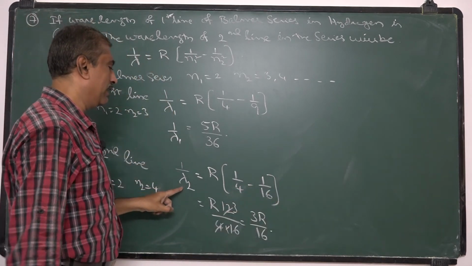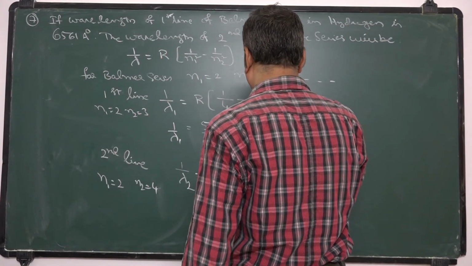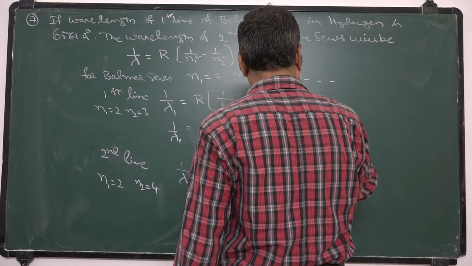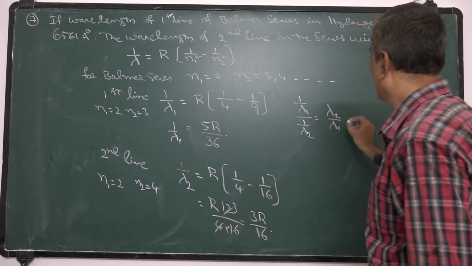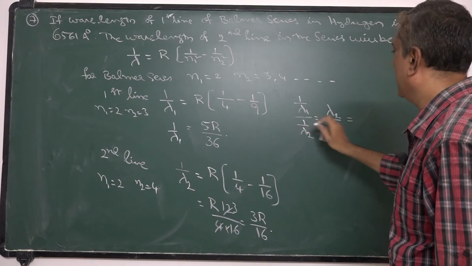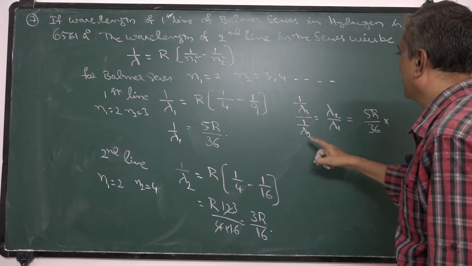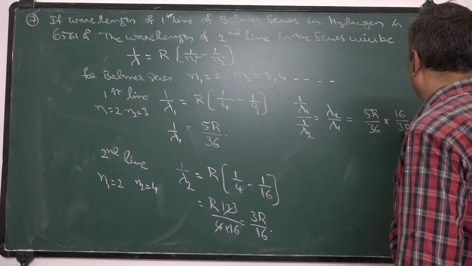Now we have to find lambda 2. Lambda 2 by lambda 1 is equal to 1 by lambda 1, which is 5R by 36, into lambda 2 being 16 by 3R.